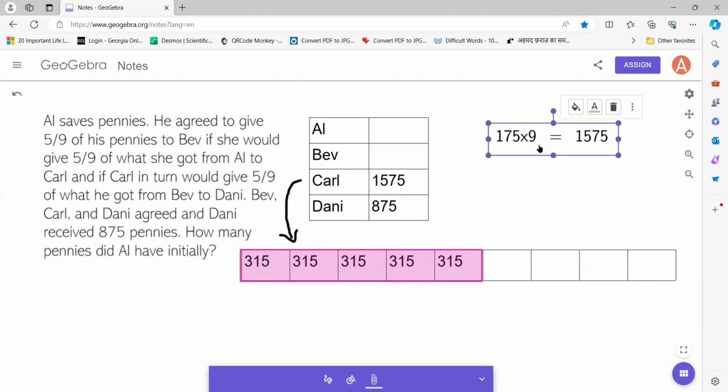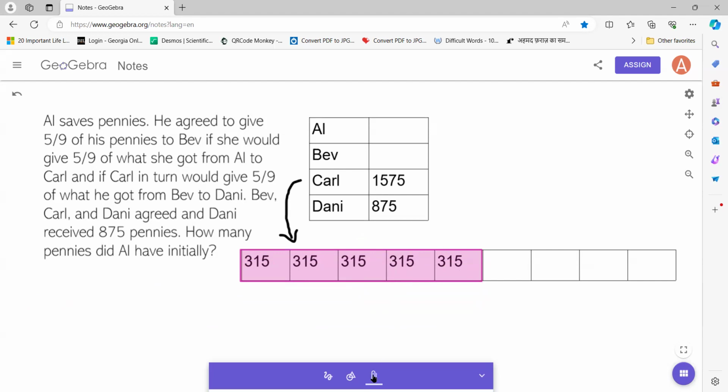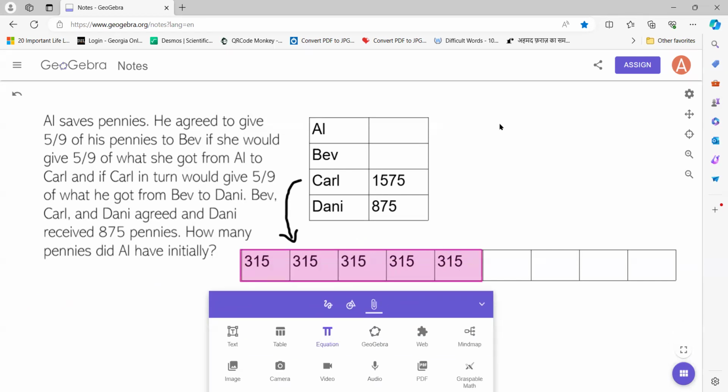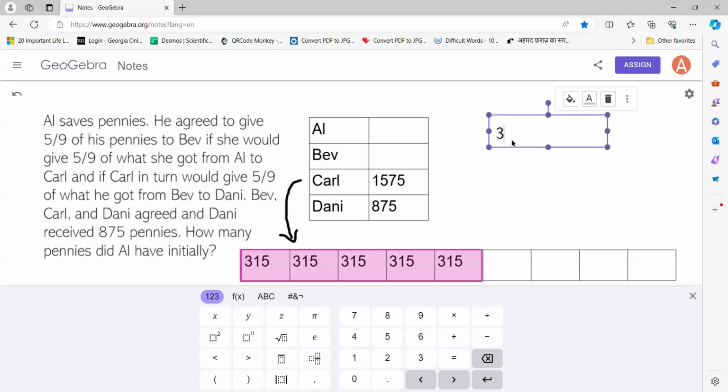So I'm going to take 315 and multiply it by 9. And I'm going to find out what it turns out to be. 315 times 9. And of course, it's a large number. It's 2,835.